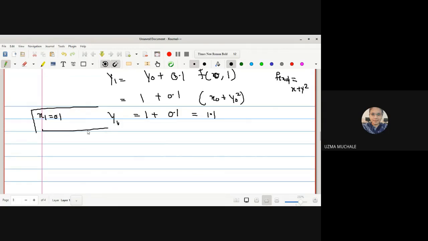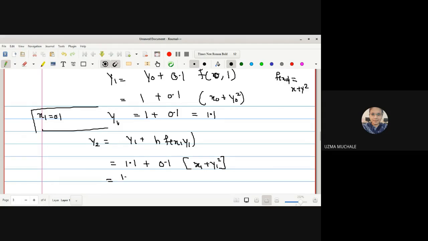Now let us proceed by putting n equal to 1. If you put n equal to 1 in Euler's formula, what do we get? We get the value of y2. Y2 is equal to y1 plus h into f of x1, y1, where y1 we have calculated as 1.1, h is 0.1, and f of x1, y1 is x1 plus y1 square.